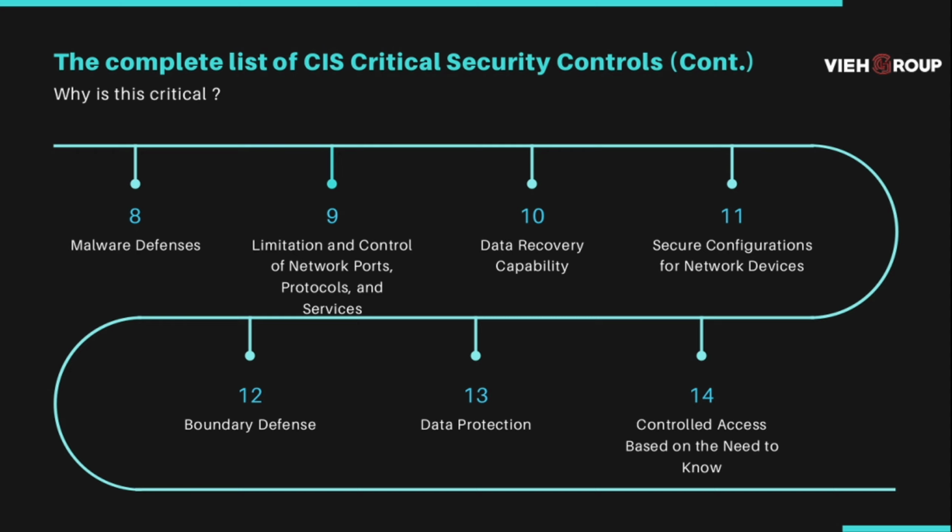14 point, which is control access based on the need to know. Basically, organizations need to be able to track, control, and secure access to their critical assets and easily determine which people, computers, or applications have a right to access these assets. So now the question is, why is this critical?